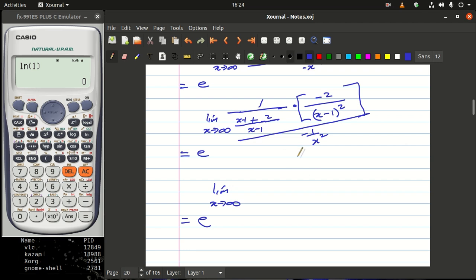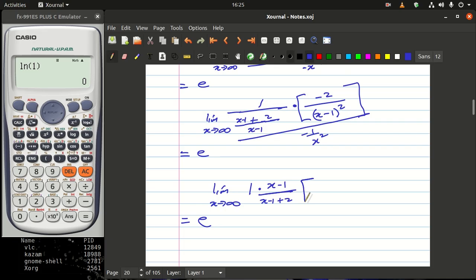And then after that, you will see that I'm going to change this one first to multiplication. So I will end up having 1 times (x minus 1) divided by (x minus 1 plus 2).